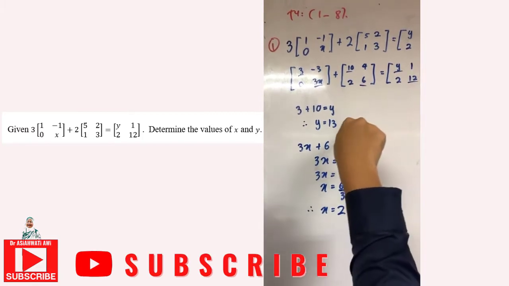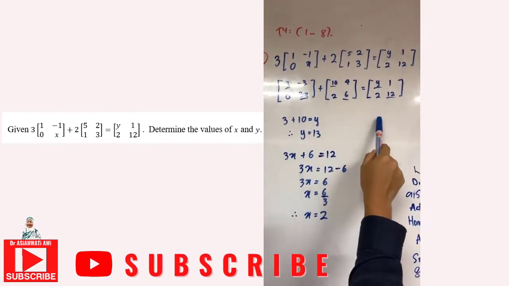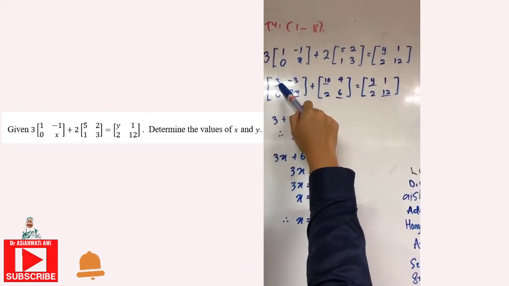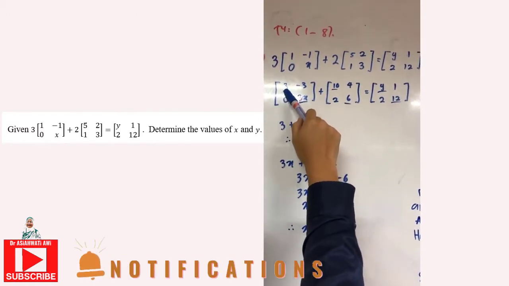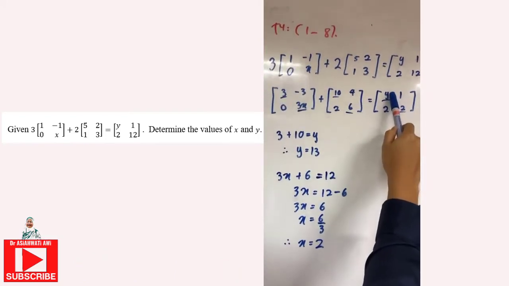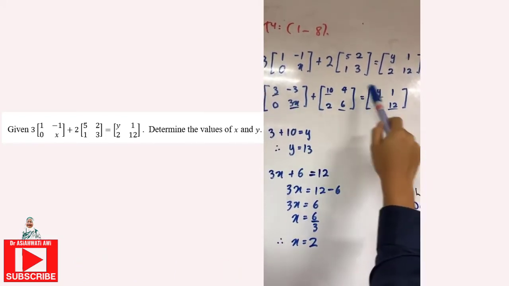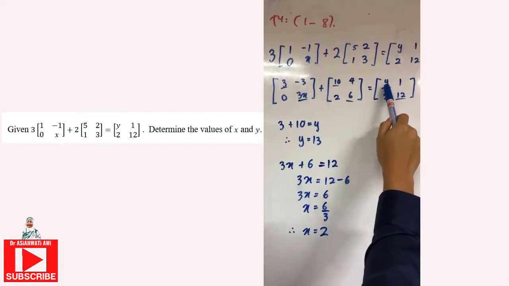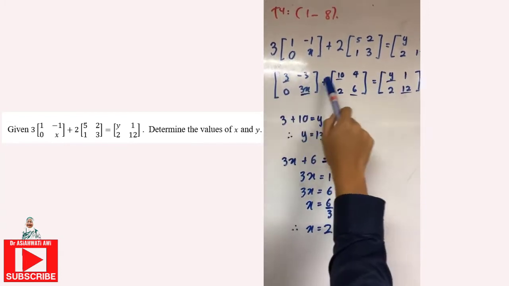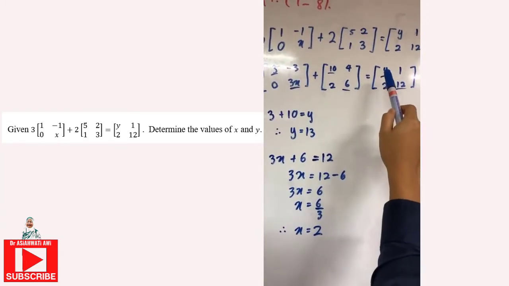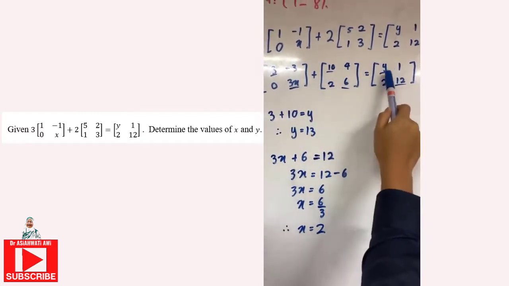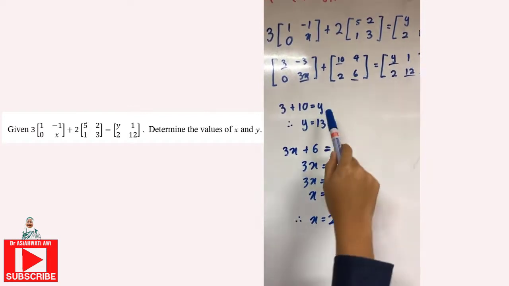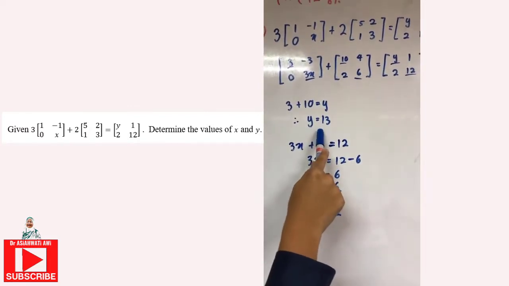When we want to find the value of y, we take all the same row of the number. Y is in this row, and we take the same element in the same row, the same entries as y. 3 plus 10 equal to y, and we will get y equal to 13.